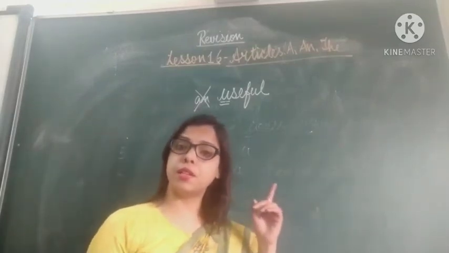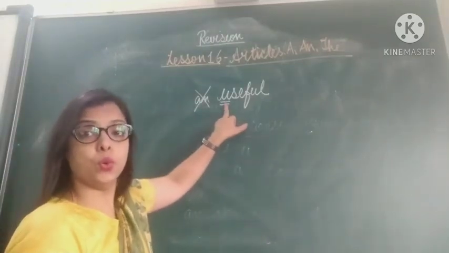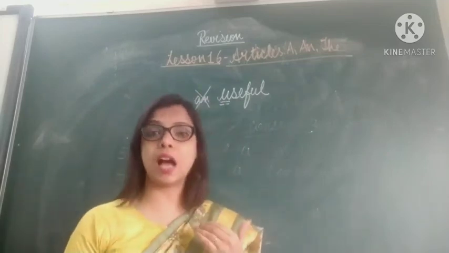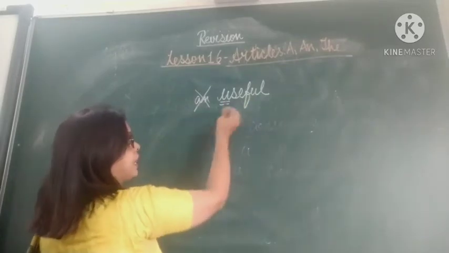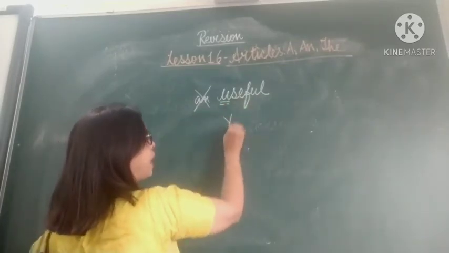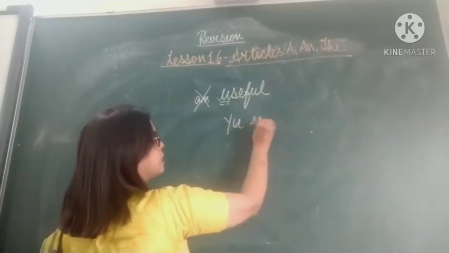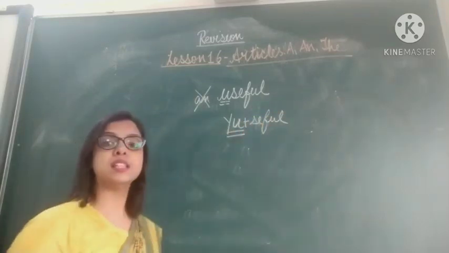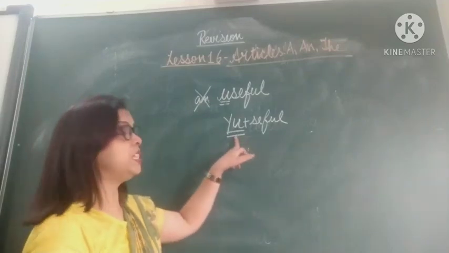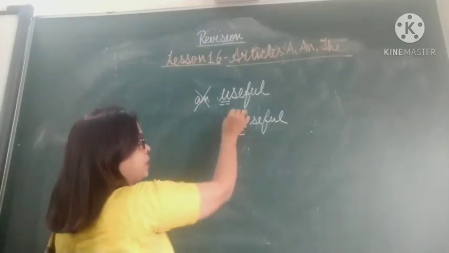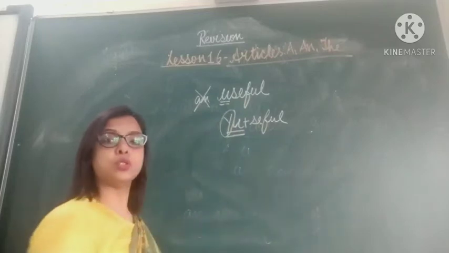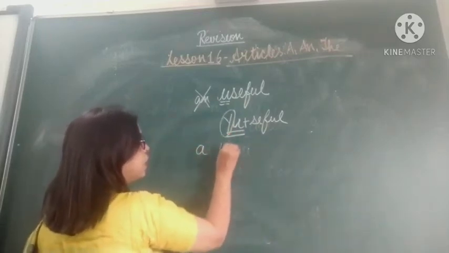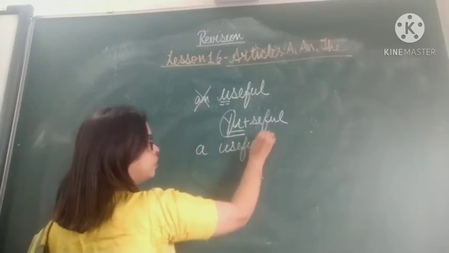Because although it is starting with a vowel U, it is giving a consonant sound. If we write it like this, Y-U-S-E-F-U-L, it is giving this pronunciation, Y-U. So it is giving the consonant sound. Y is a consonant. So that is why we write a useful.